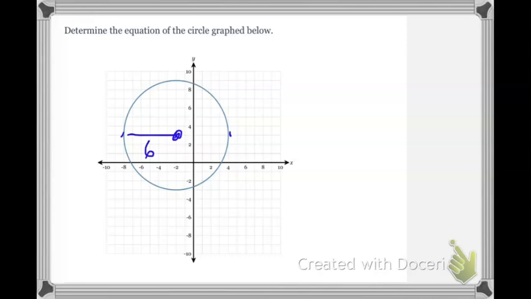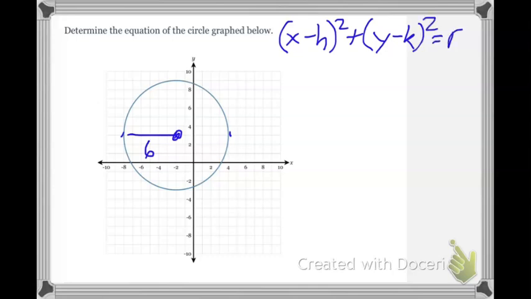And so the equation, if you remember, is x minus h squared plus y minus k squared equals r squared. So all we need is h, k, and the radius. The h is the x value of the center. Notice this is -2, and we need to switch the sign.